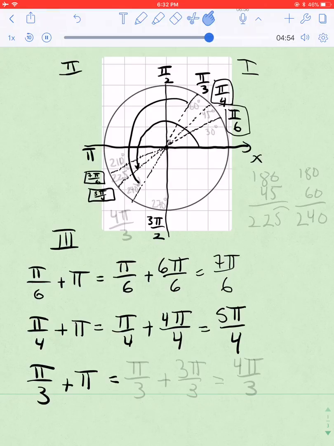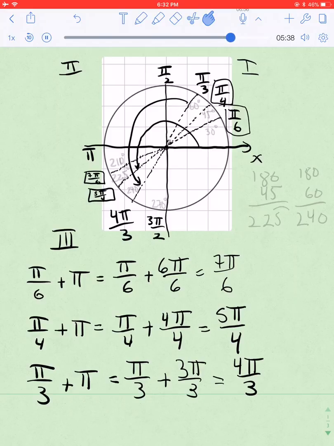Pi over 3 plus pi units to give us that angle. So we can't do it because it's in thirds. So we write the given pi over 3, and we convert this pi units to thirds. This is 3 pi over 3. Now we have same denominator, and we can add the numerators. 4 pi over 3. And so that is this one. And the box looks a little small, so let me just erase it. I'll say 4 pi over 3.